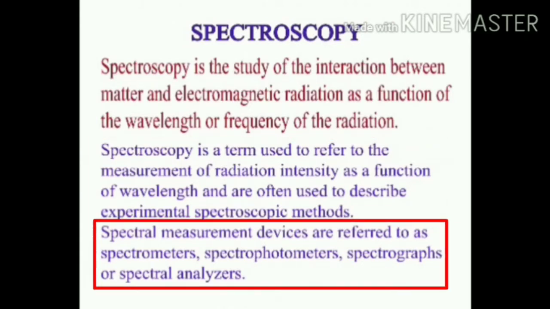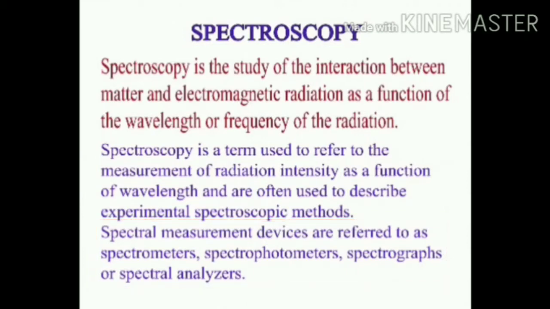The devices by which this type of study is carried out are called spectrometers or spectrophotometers, which generate data, in some cases in the form of graphs called spectra, and by analyzing those data or spectra, we get information about the substance or matter.